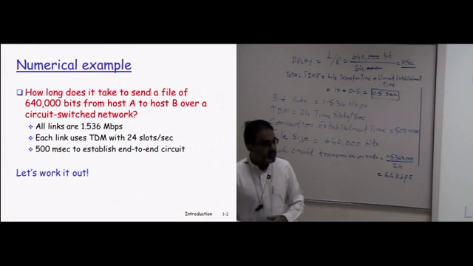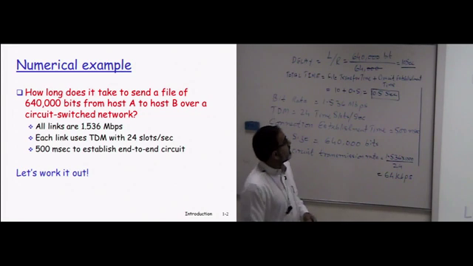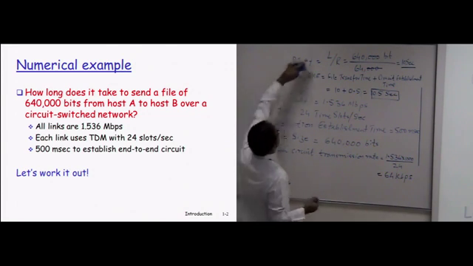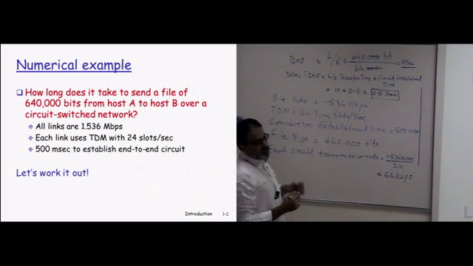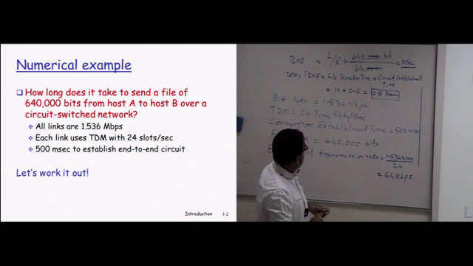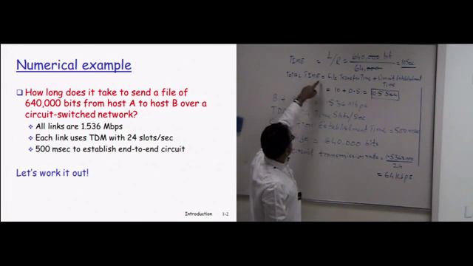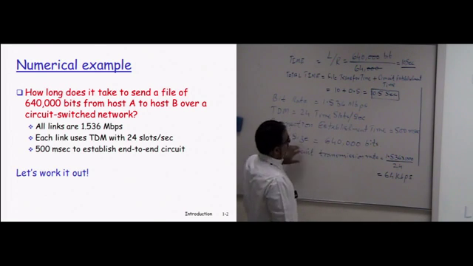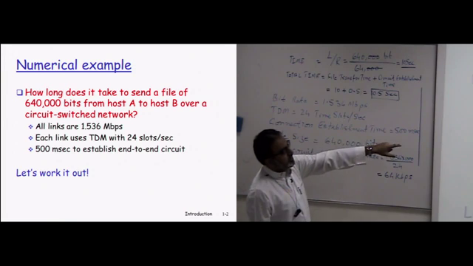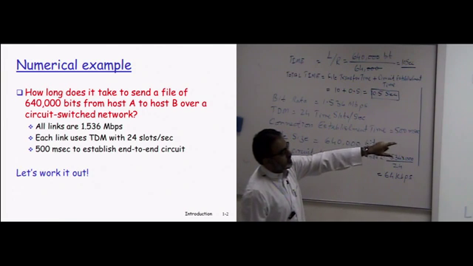Is it clear, guys? Yeah. There's one time between sending the file from A to B. You don't consider it delay, you consider it time. How much time will it take? Which one, here or this one? 64 kilobits, because the link data rate is 1.536 megabits per second.